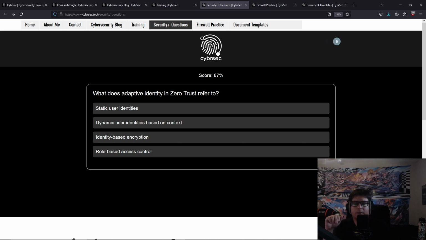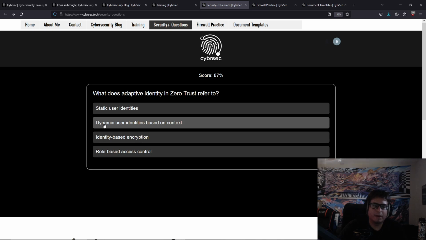What does adaptive identity and zero trust refer to? Adaptive identity. Static user. So it's not going to be static because static isn't adaptive.